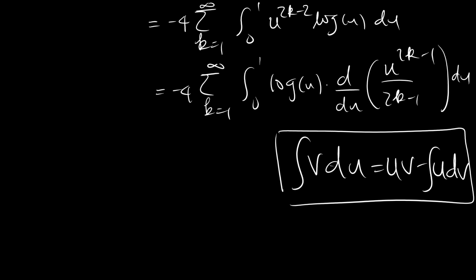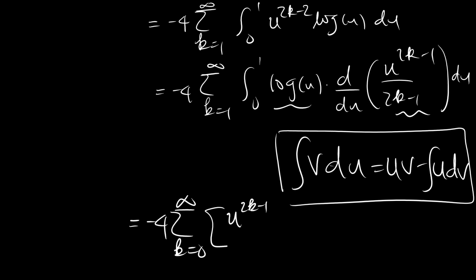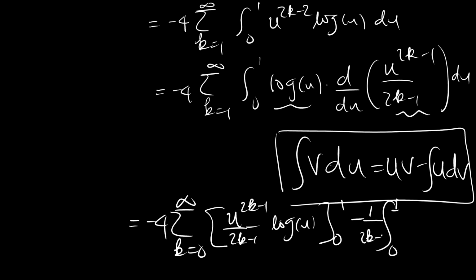Using that, with this being our u and this being our v, we now have negative 4 summation of k equals 1 to infinity, the initial uv becomes u to the 2k minus 1 over 2k minus 1 times log of u from 0 to 1, minus, pulling this constant 1 over 2k minus 1 out, the integral from 0 to 1 of u to the 2k minus 1 times the derivative of log u, which is 1 over u.